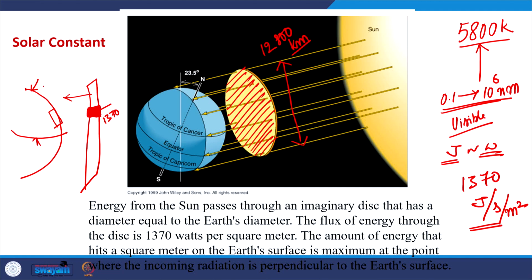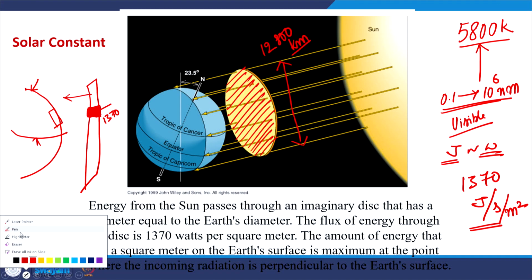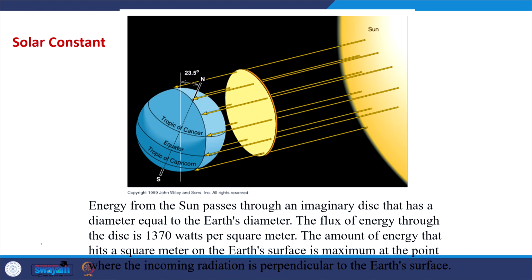This essentially drives the circulation. That is a different topic, but to simplify this discussion, we can say that 1370 watt per meter square is the amount of power that we are getting from the sun.